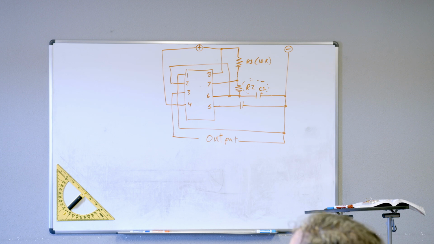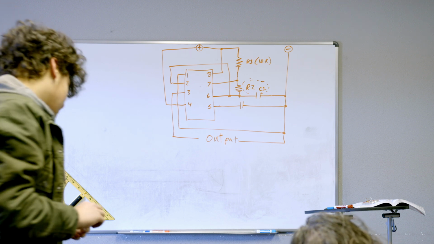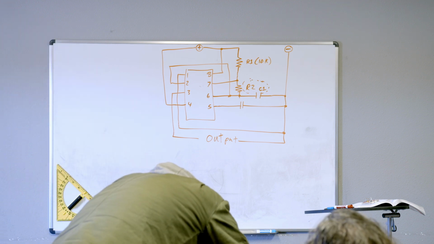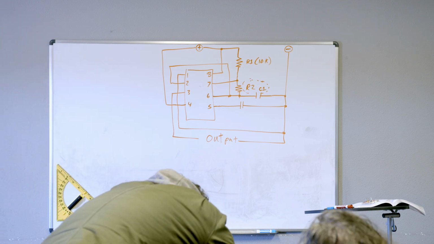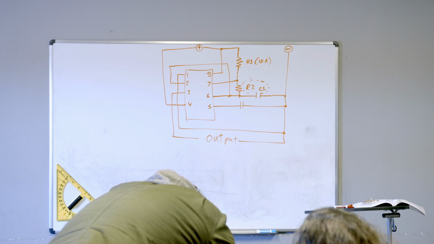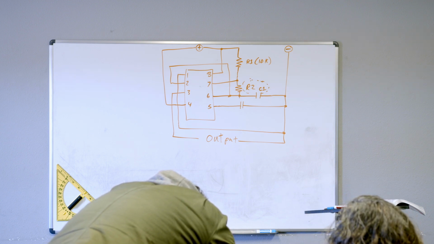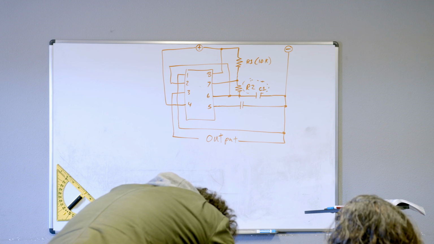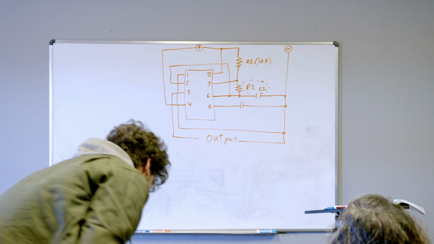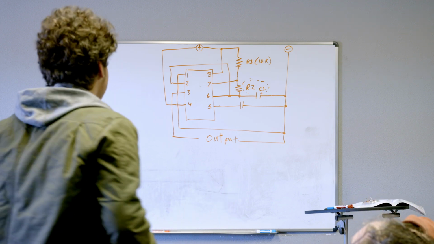With the yellow multiplier, it's 10 to the fourth, so that's 470K. For R2, between 6 and 7, you use a 470K.